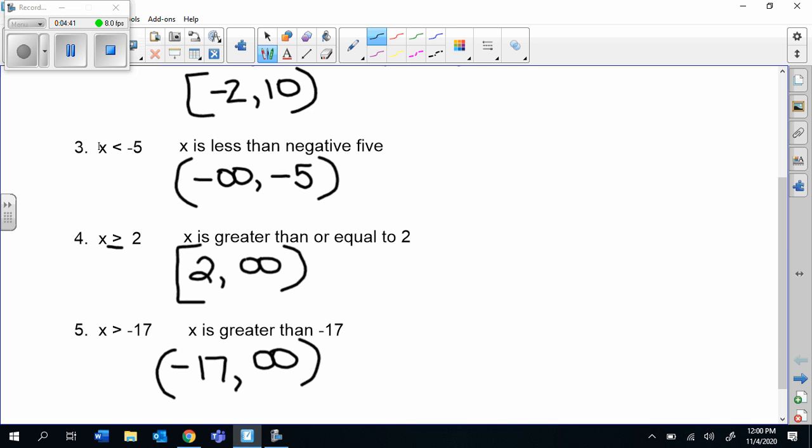So if you can get your domain into inequality form, then you can translate that pretty quickly into interval notation. If it's an all real numbers situation, it just goes negative infinity to infinity. And so anytime you get all reals, for instance, in the section you're looking at, anytime that is an odd root, anything under here, there's no restrictions to what that domain can be.